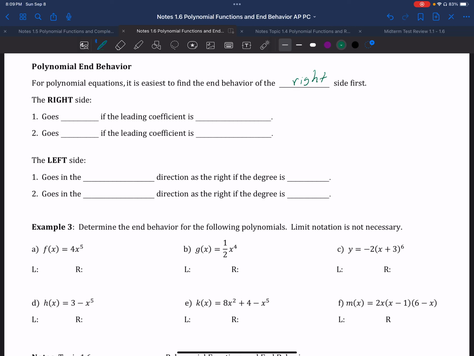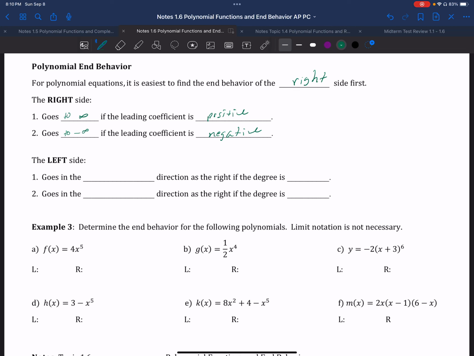So if your right side goes to positive infinity, that means you have a leading coefficient that is positive. If the right side goes to negative infinity, that means you have a leading coefficient that is negative. After you figure out the right side, you can look at the left side.